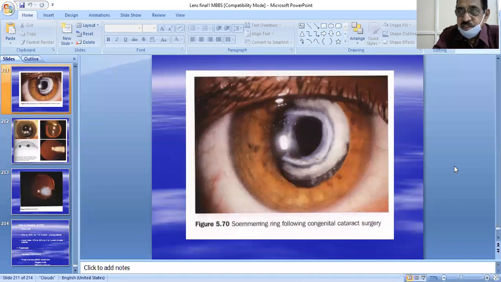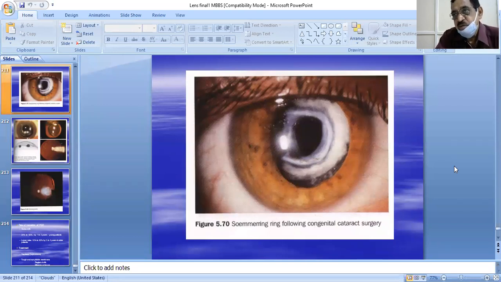What we do routinely is make an incision in the superior fornix, after a fornix-based conjunctival flap and cauterization, and then we do an iridectomy, and then we pass the phakic IOL over the already existing lens, so that it neutralizes the power.